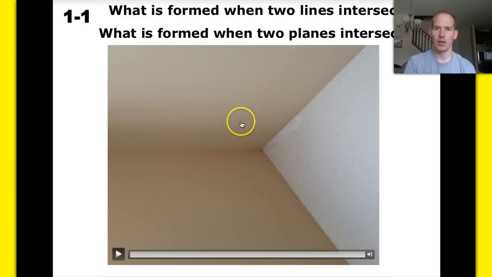One plane, two planes, because that's the two walls. Once again, that forms a line right there. But then we bring in the third plane, and they all meet right there. So all of those three can meet at a point.